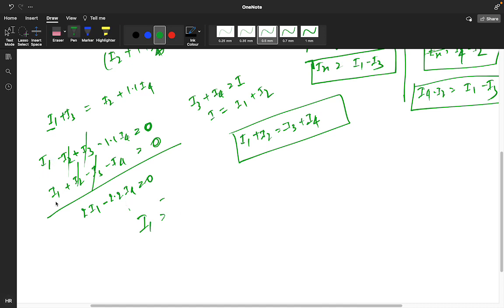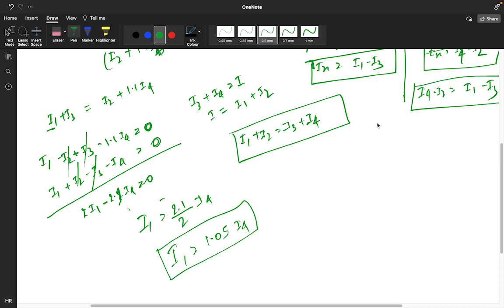See, this is 2, this is minus 1.1, so minus 1.1 plus minus 1.1 gives minus 2.1, so 2.1 divided by 2 into I4, which is 1.05. You are getting the I1 value as 1.05 times your I4 value.